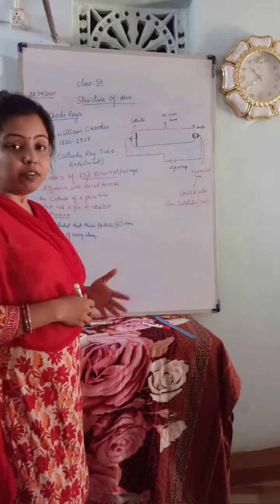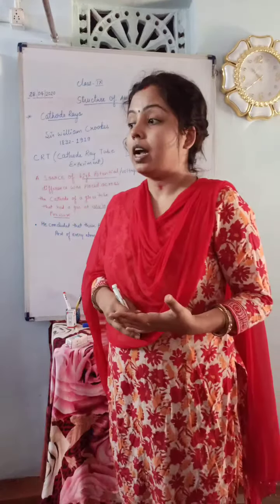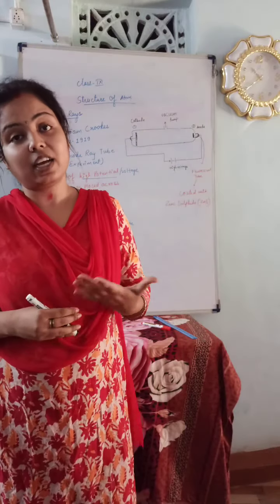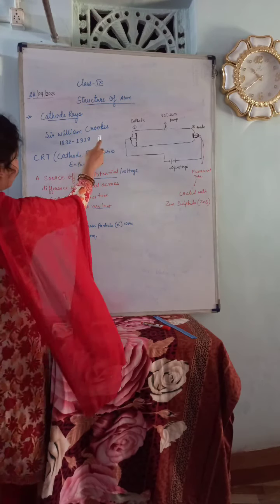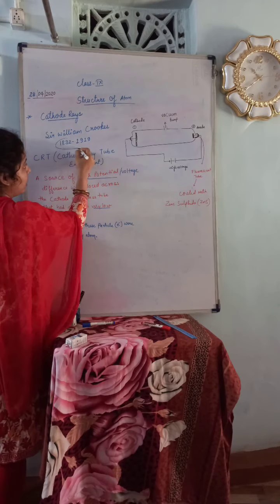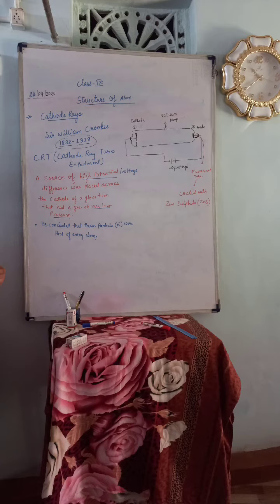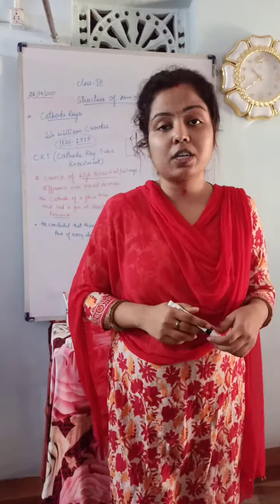Later on, in 1850, many scientists were trying to find out the properties of electric current and electric discharge in gases. Sir William Crookes started an experiment, and that experiment is called the Crookes experiment.